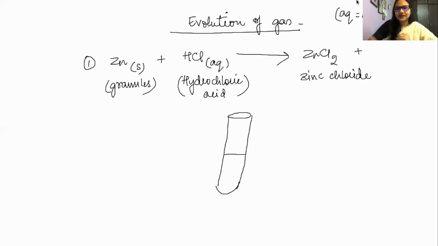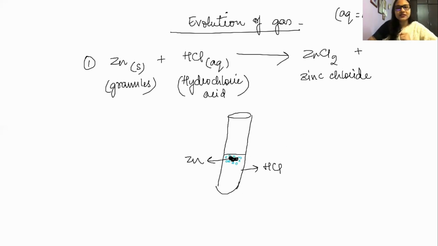Zinc is a metal, so it should be steel colored, but I don't have anything steel color, so let's say this is zinc. This is HCl and this is your zinc granule. The moment you add it, zinc is going to immediately react with hydrochloric acid and you will see formation of bubbles right around zinc, where the reaction is actually taking place.